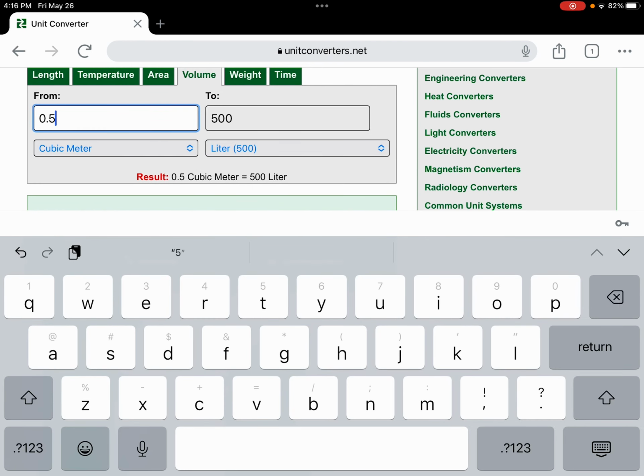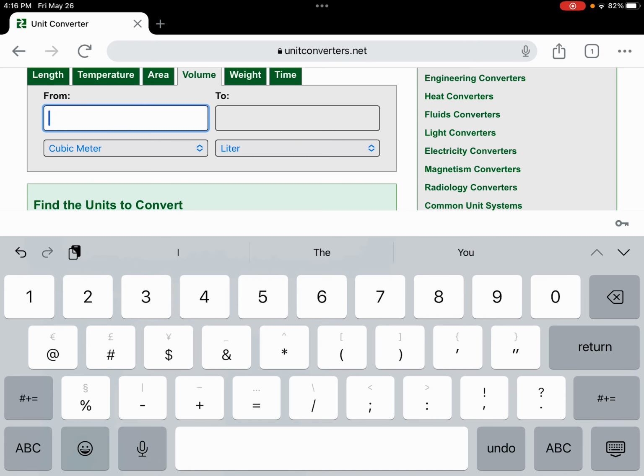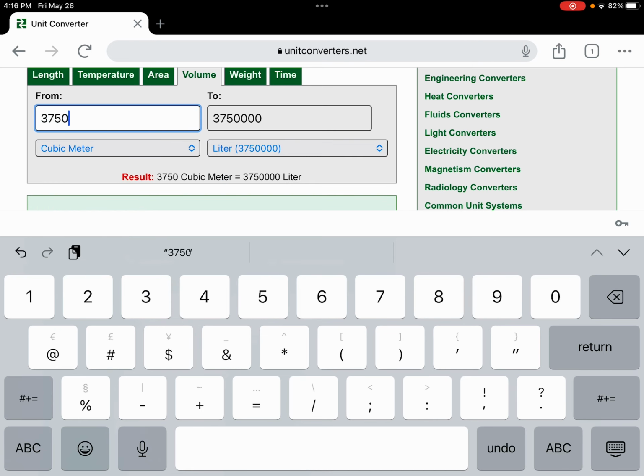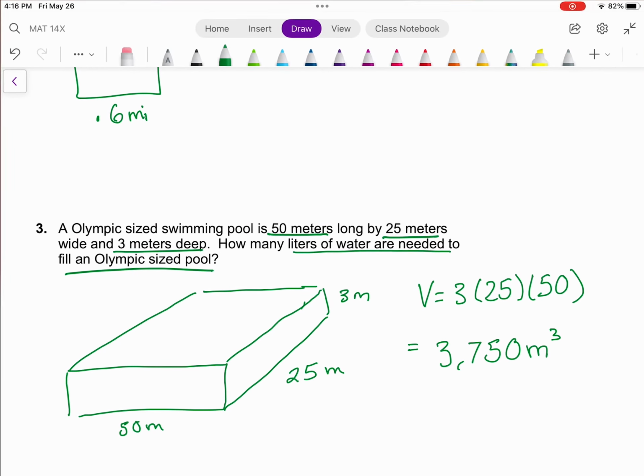And we had 3,750, and so that would be a grand total of 3,750,000 liters of water. That is a lot. Hopefully with these problems, you get a sense of how we use volume and area unit conversions within some application problems and what those units look like.